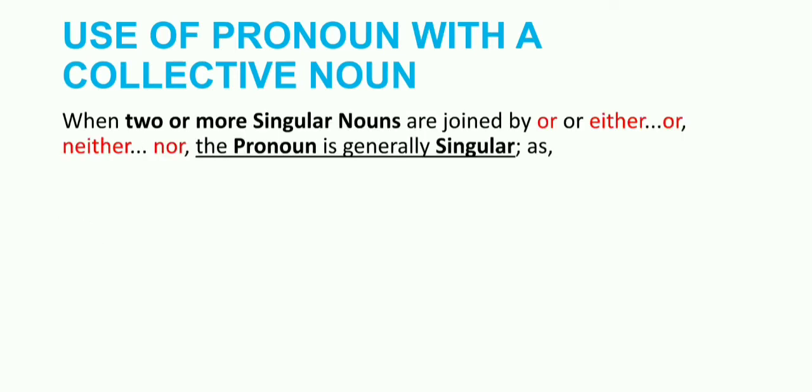Next, when two or more singular nouns are joined by or, either, or, neither, nor, the pronoun is generally singular. This is also a case of subject verb agreement. In subject verb agreement, we also say that when two or more singular nouns are joined by either or, neither nor, the verb always takes the singular.